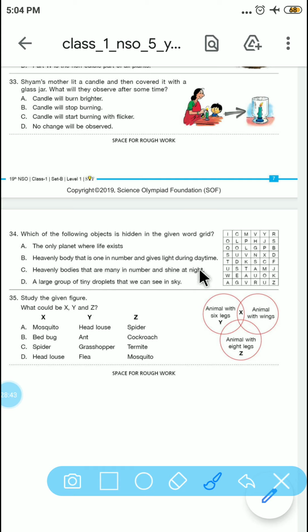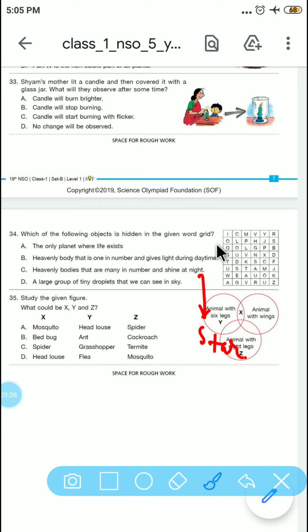So this must be stars. Okay. And then a large group of teeny droplets that we can see in the sky. So here we have all the options read. Now let's see what options are given in the word grid and what are not.